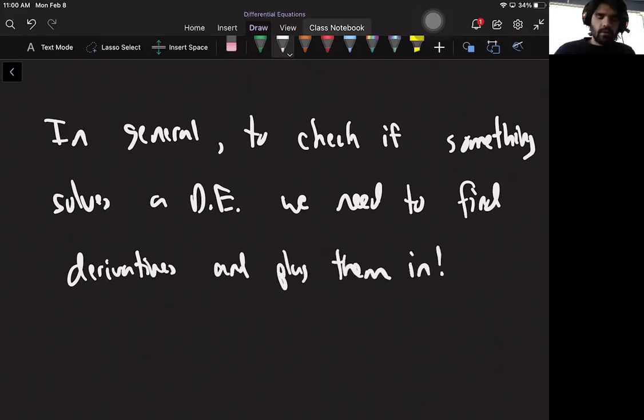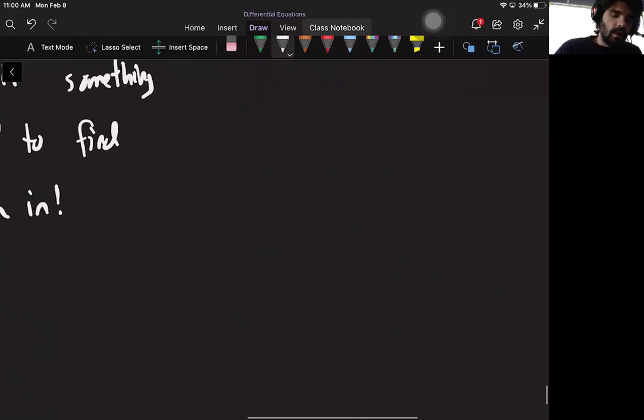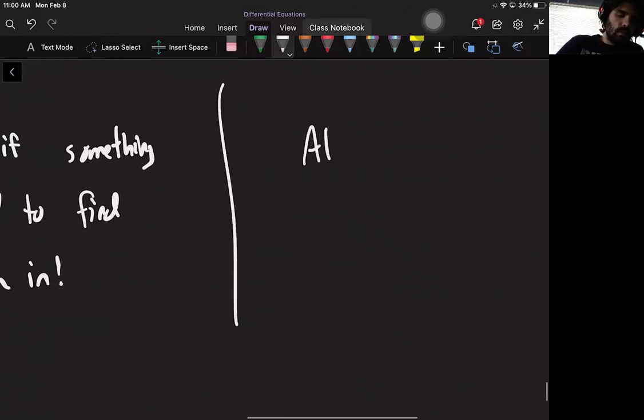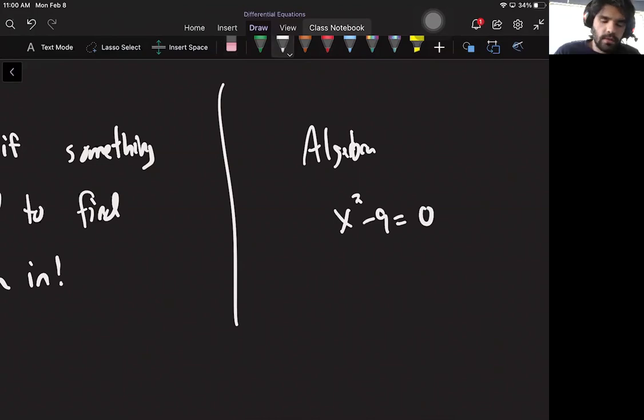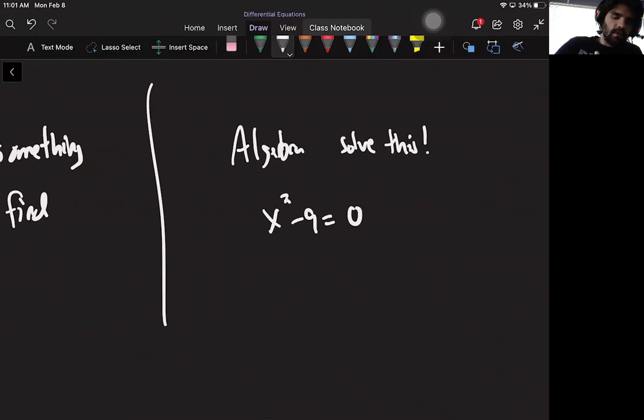And you should compare this to algebra. In algebra, something like solving x squared minus 9 equals 0 at one point in your life maybe seemed impossible. And so you had to learn a technique to solve it. But before you did that, you learned to check if something was a solution.